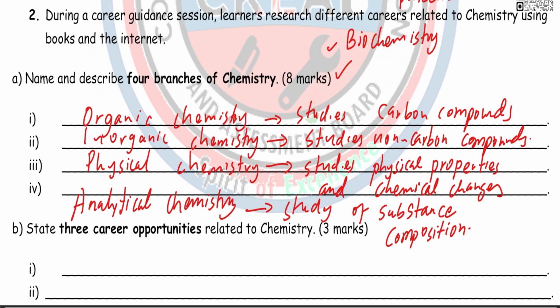We also have photosynthesis, which involves biochemistry as well. So any chemical processes that usually happen in living organisms, the branch is called biochemistry. Then we also have environmental chemistry. Environmental chemistry deals mostly with the environment, how to make the environment good with the help of chemistry. So it studies environmental pollutants.